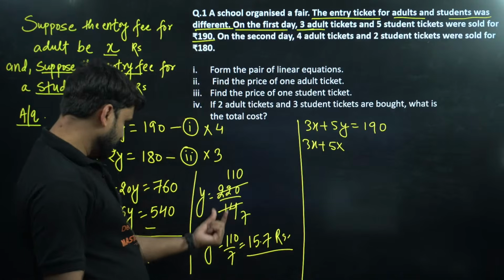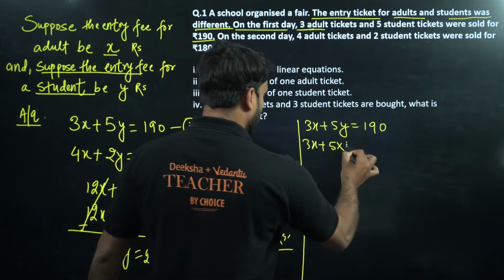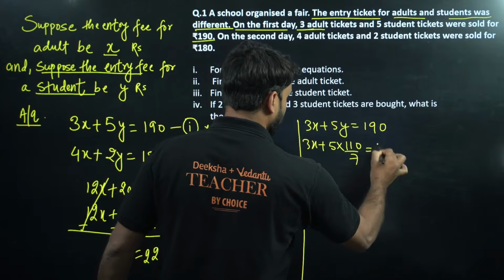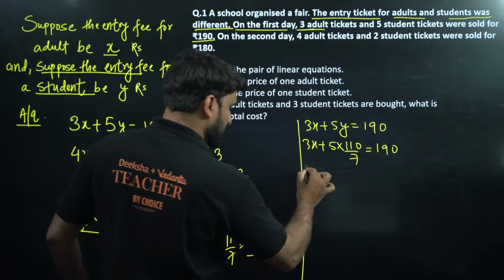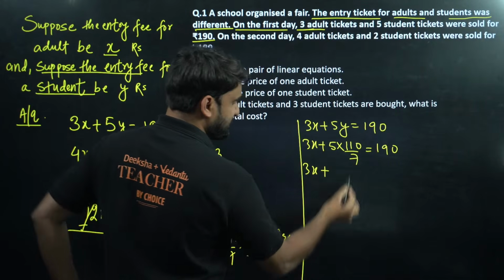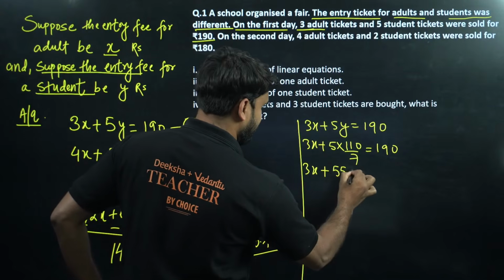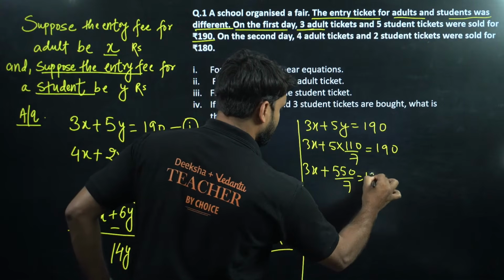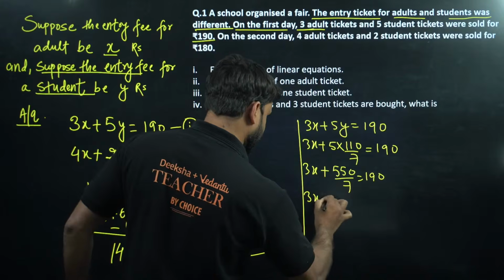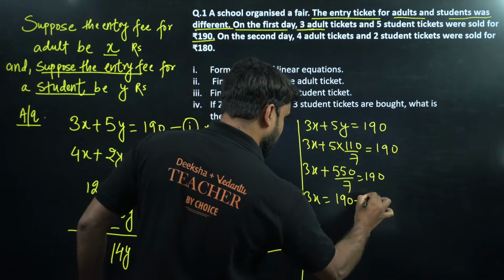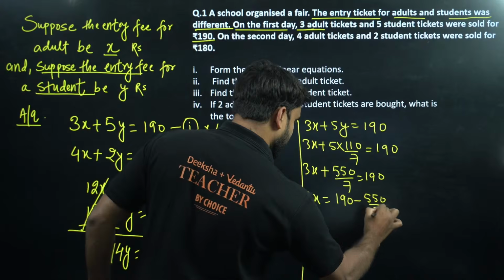Y we have is 110 divided by 7 is equal to 190. Can we solve this? 3x plus 550 divided by 7. This will go there. 3x is equal to 190 minus 550 divided by 7.